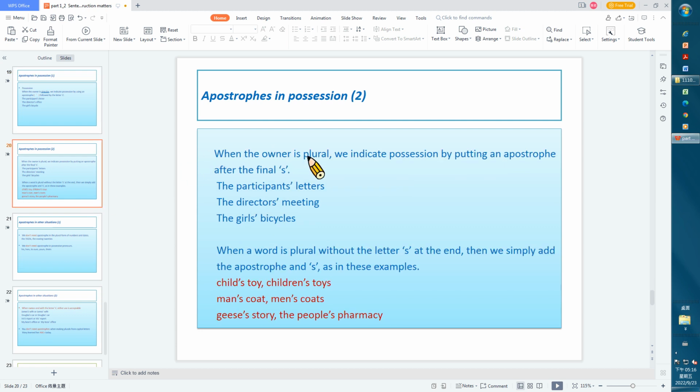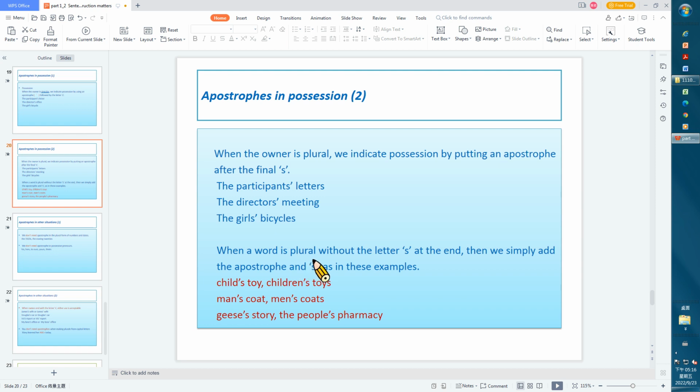When the owner is plural, we indicate possession by putting an apostrophe after the final S. For example, the participants' letters, the directors' meeting, the girls' bicycles.